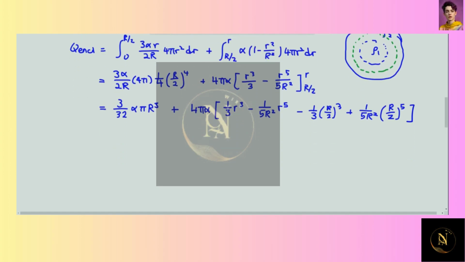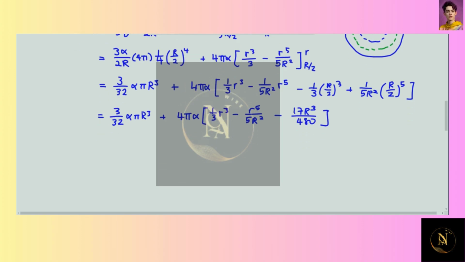So just continue the algebra. 3 over 32 alpha pi R cubed plus 4 pi alpha. So you can start to group the terms with the big R. Here I have 1/3 r cubed minus r to the 5 divided by 5 big R square, minus 17 big R cubed divided by 480.